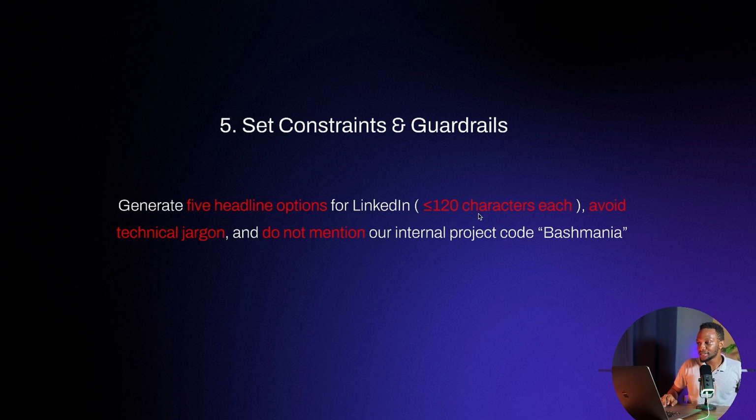Less than or equal to 120 characters each is a guide rail. Avoid technical jargon is a guide rail. Do not mention is a guide rail. So the LLM will make sure that its output only follows these things and will only give you an output that does not have all this jargon and all this output that you might not need in your final answer. So start using constraints in your prompt engineering techniques so that you get the most amazing result that you might need.